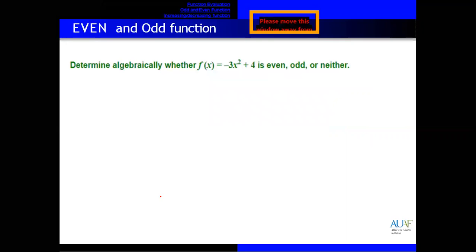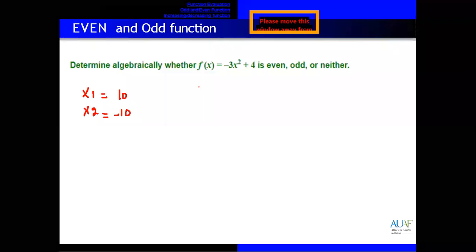We have this one: f of x is equal to minus 3x square plus 4. Find out whether this function is even, odd, or sometimes possibly neither even nor odd. Then we need to select two values, x1 and x2. Let's suppose x1 equal to 10 and x2 equal to minus 10.